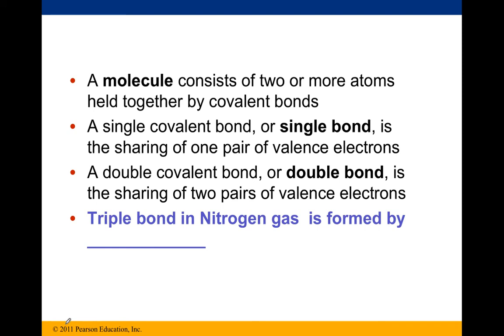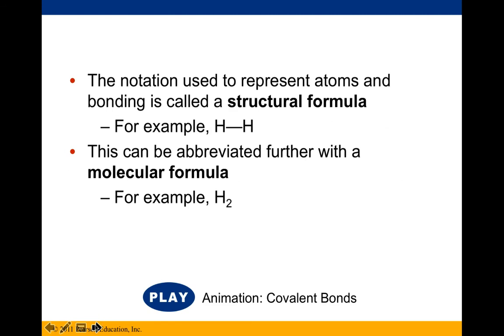Covalent bond is single, double, or triple depending on pairs of electrons that 2 atoms are sharing with each other. In hydrogen molecule, the 2 hydrogen atoms are sharing 1 pair of electrons, which is represented by a line between them.